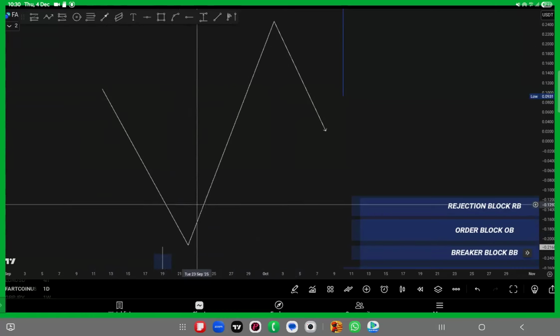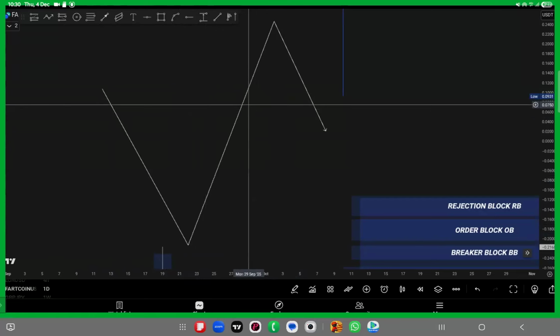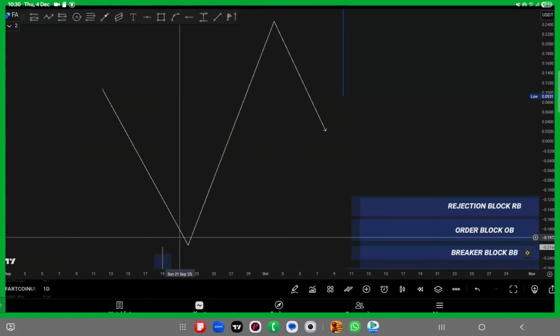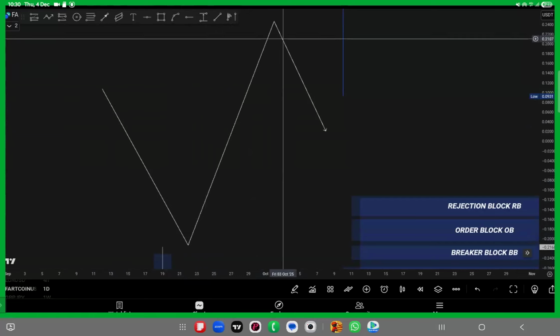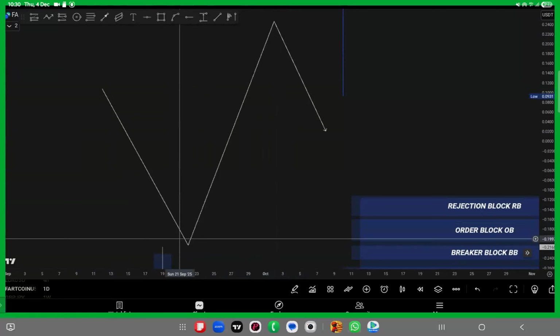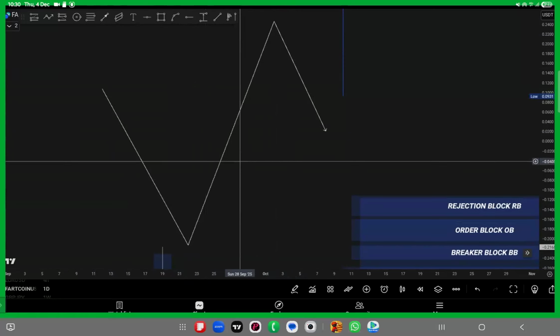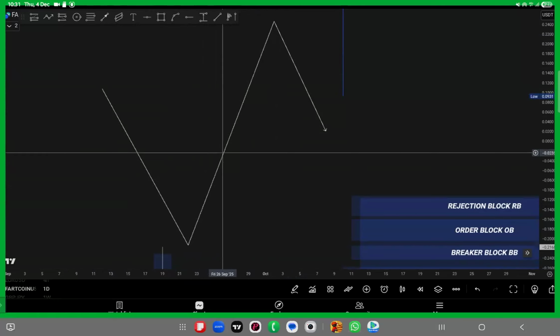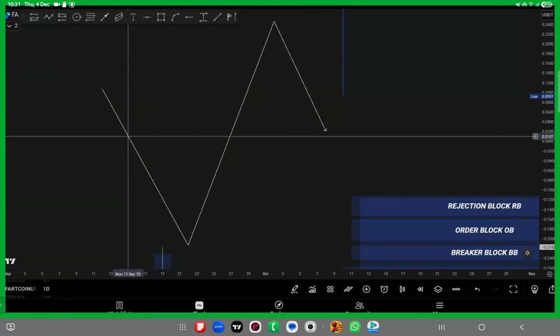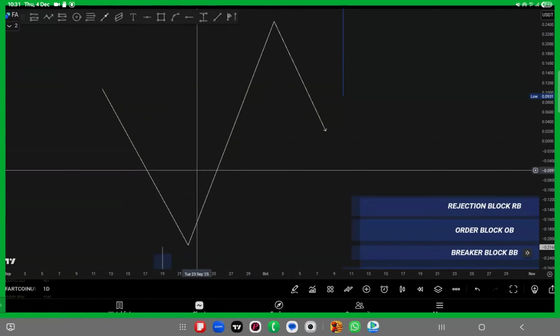So now this uptrend is the most recent one. Until market breaks below this particular low, market is still in an uptrend. Since this particular move is an uptrend, the opposite trend on this uptrend is the downtrend. That means the supply trend.